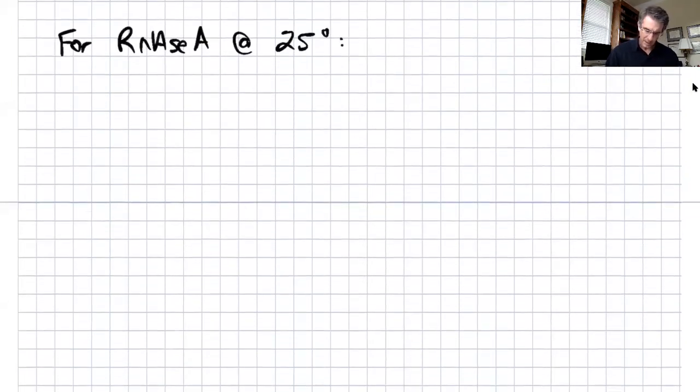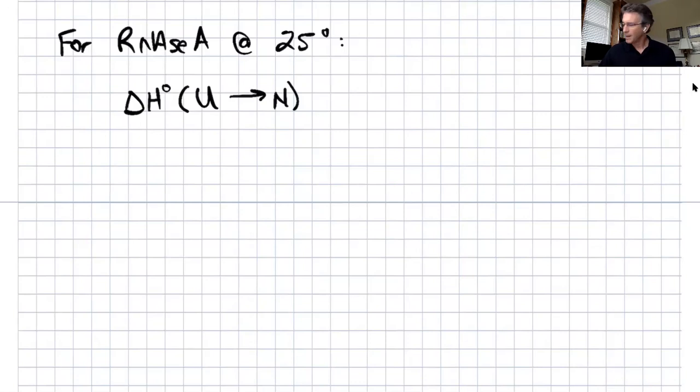The standard state enthalpy change, and I'm going to write this so you remember, going left to right, unfolded to the native state, the enthalpy change is minus 280 kilojoules per mole.